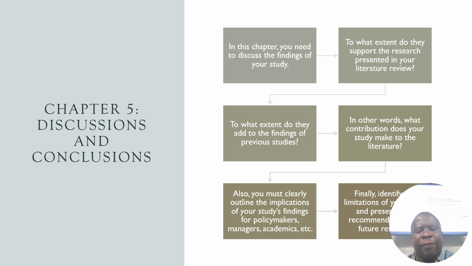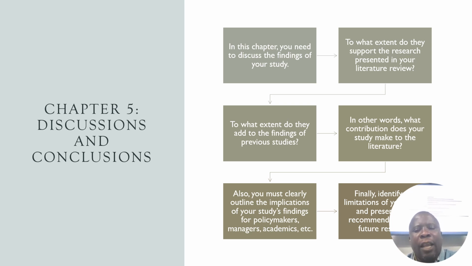And then chapter 5, discussion and conclusions. In this chapter, you need to discuss the findings of your study. And in doing that, you are telling us to what extent your results support the existing literature, or your literature review.